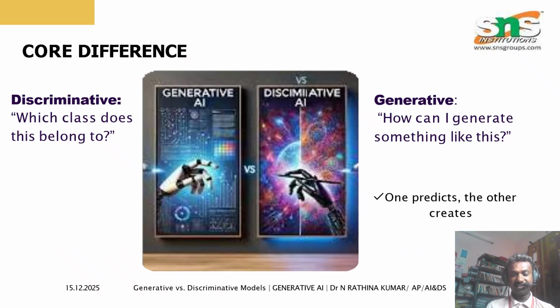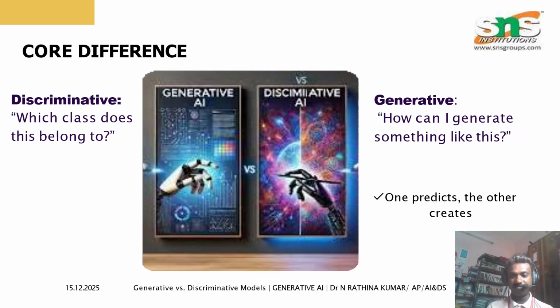With the help of this simple diagram, we can easily understand the difference between discriminative and generative. See the first one, discriminative: which class does this belong to? That's all. This is the main use of the discriminative, whether the given image is a cat or dog, or whether a given email is spam or not.